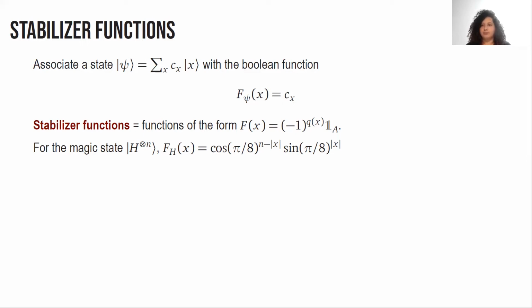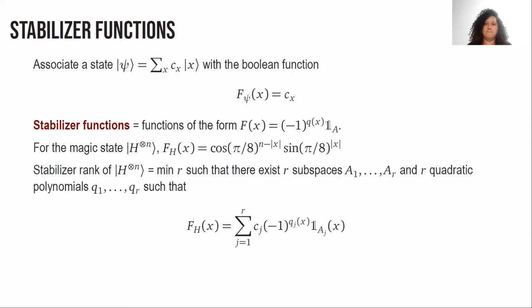For every Boolean vector x, the result of the function only depends on the Hamming weight of x, and it is sine of pi over 8 to the power of the Hamming weight of x times cosine of pi over 8 to the n minus the Hamming weight of x.